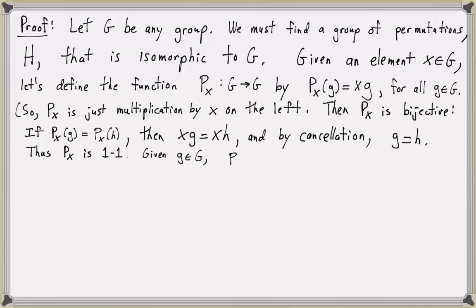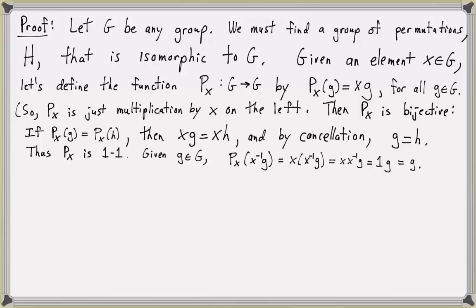Well, if we plug x inverse g into p sub x, we get x times x inverse g, but by the associativity of G, this equals x times x inverse times g. x times x inverse is the identity, so we just get g.